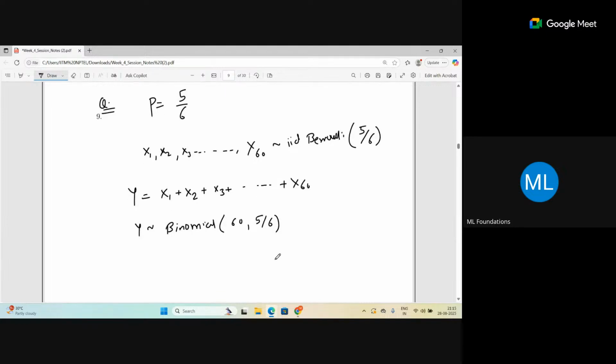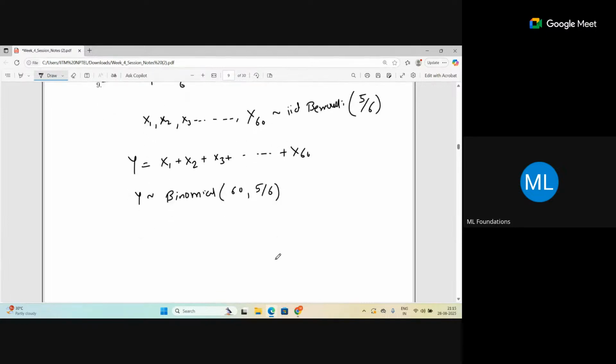Now, in that situation, I need to use the Chebyshev inequality. If I want to find the lower bound or the upper bound using Chebyshev inequality, I need two quantities: the expectation and the variance of the random variable. The expectation of Y is just n into p because it's a binomial random variable.